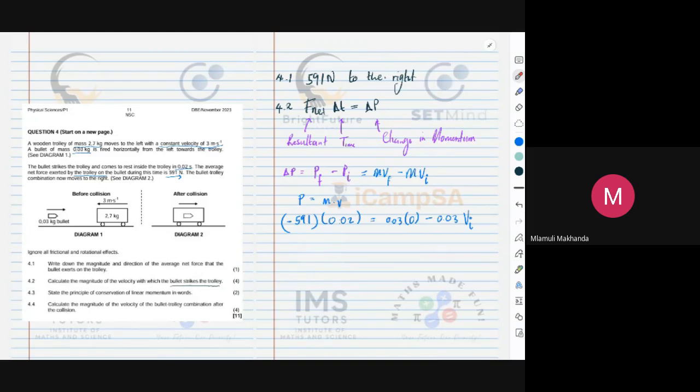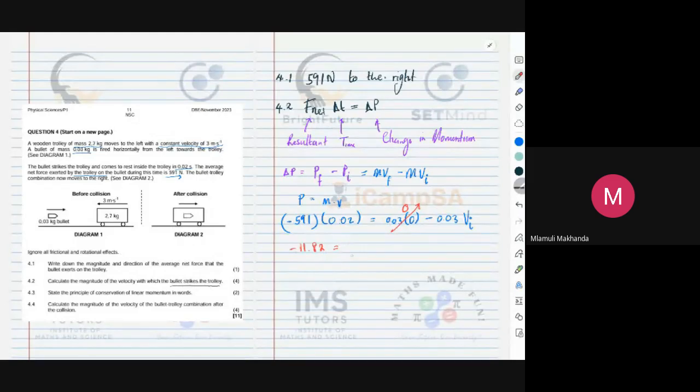So this is 591 times 0.02, which gives 11.82, which equals 0 minus 0.03 vi. Divide by negative 0.03, the negatives cancel, and then we have our vi.